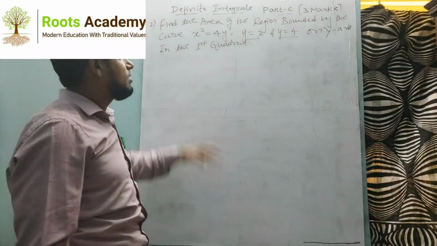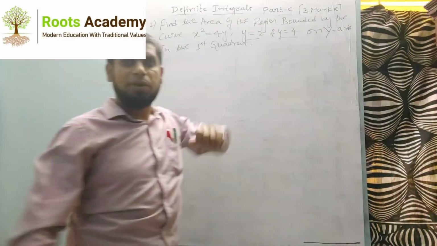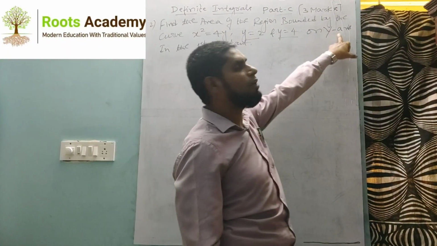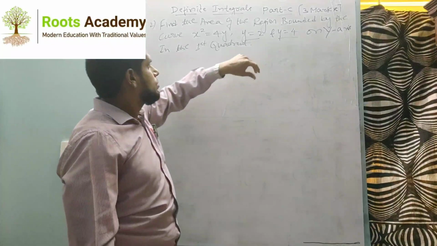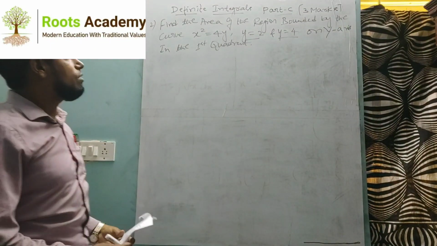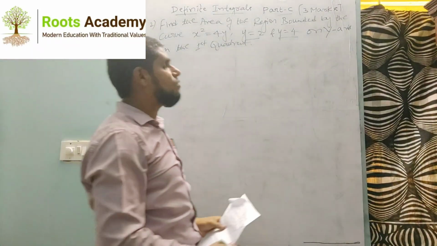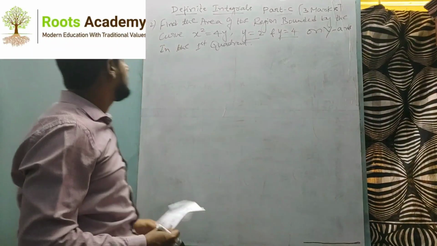Student, again here, a similar problem, but just the axis is different. The previous problem we took on the x-axis. Now in this problem it is on the y-axis. That's why here two values of y are mentioned. Now this time we should find the value of x, not the value of y, because the limits are given in terms of the y-axis.